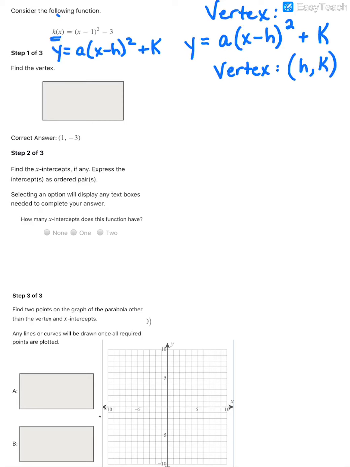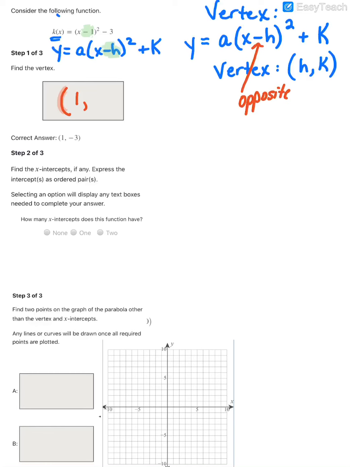So when we first look at the h value, notice it's minus h, and so you have to match that up, and the minus signs match up, which means that your actual h value is positive 1. What I always tell students is just take the opposite of what you see. So if you see a minus 1 in the parentheses, you take positive 1. If you were to see a plus 1, you would take negative 1, because this particular part here is telling you to take the opposite.